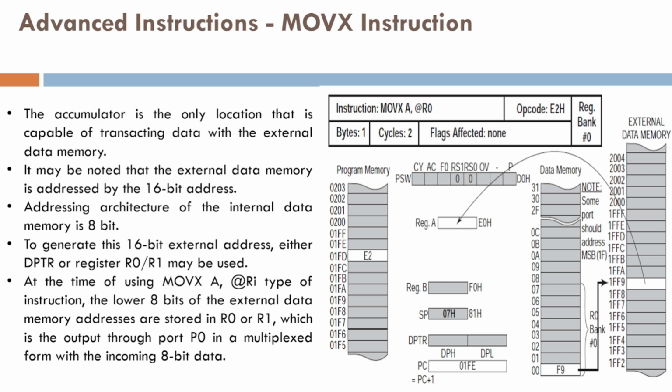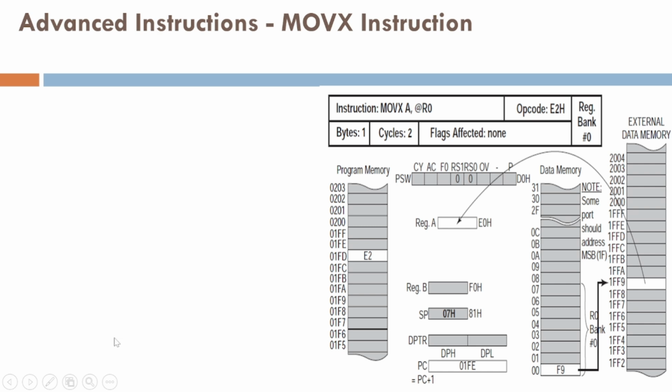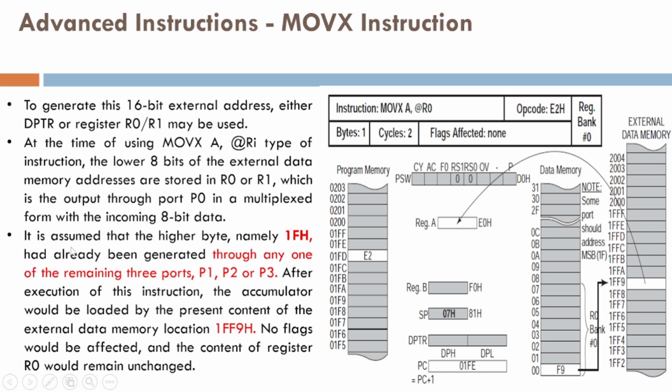So you have to send the address F9 out of port 0. In this case, we assume that the higher byte, namely 1F hex, has already been generated on one of the other ports.